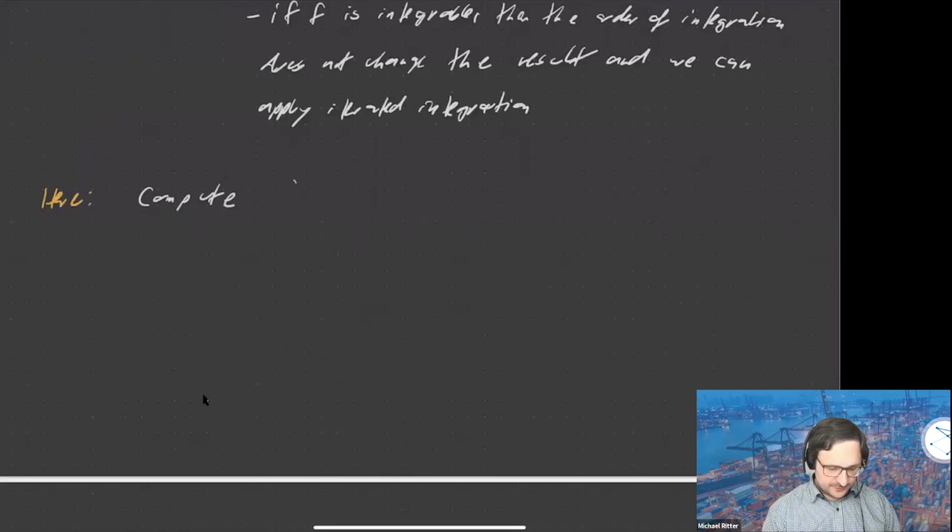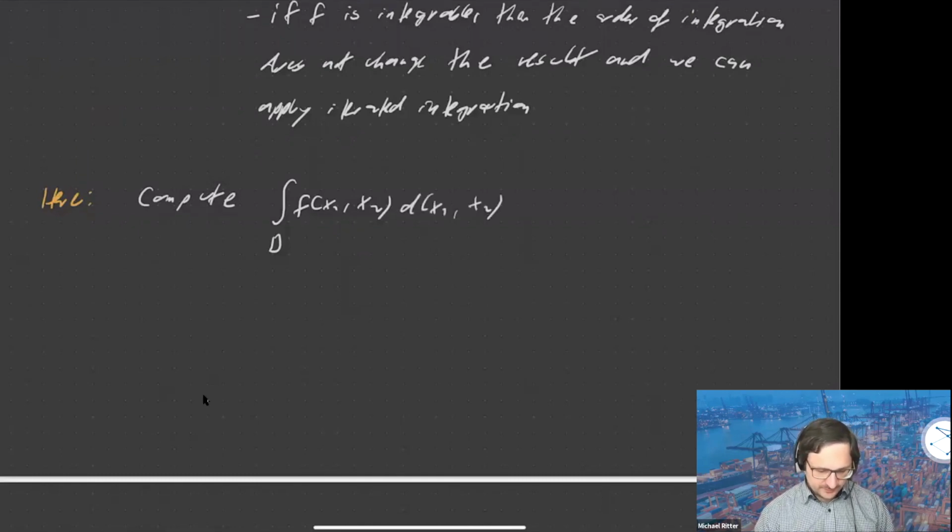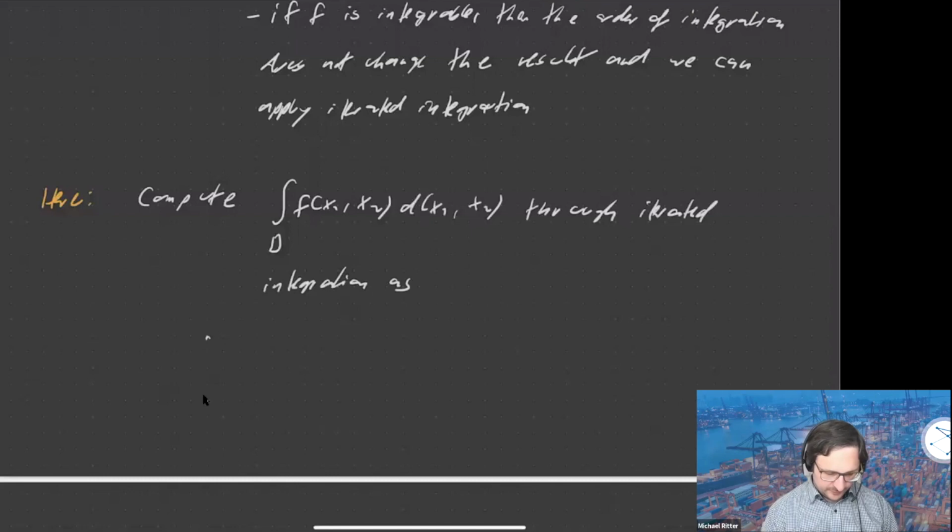We will compute the integral of f of x1, x2 over this domain D, dx1 dx2, through iterated integration as well. We'll use first the integral where x1 is the outer integral and x2 is the inner integral.